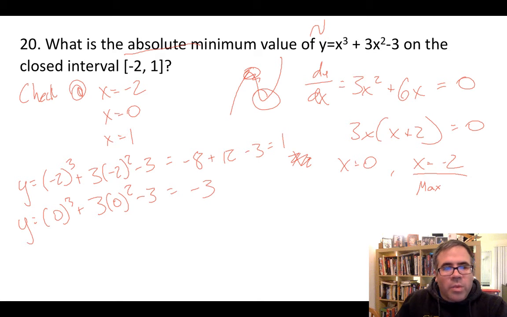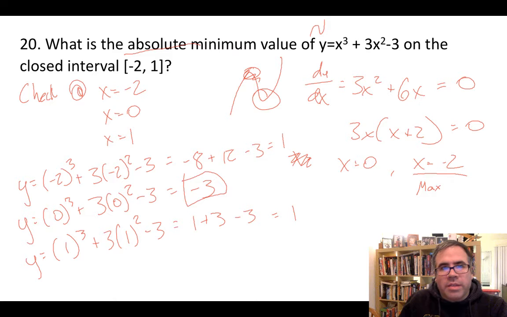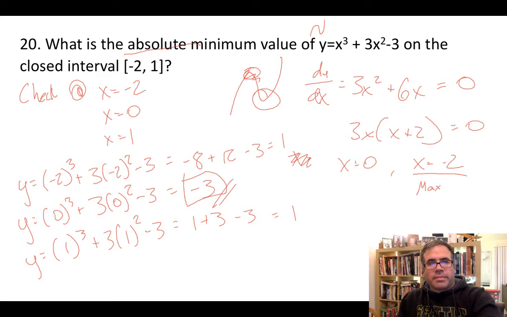And then we'll check it at 1. y equals 1 cubed plus 3 times 1 squared minus 3, which is of course 1 plus 3 minus 3, which is 1 again. -3 is the lowest value on the domain, so that means it must be the absolute minimum value. So that is our answer for this one.